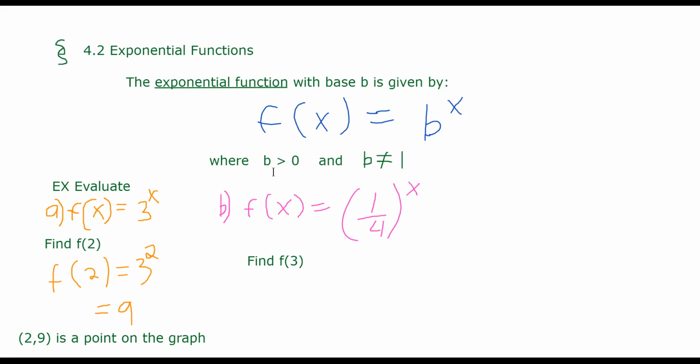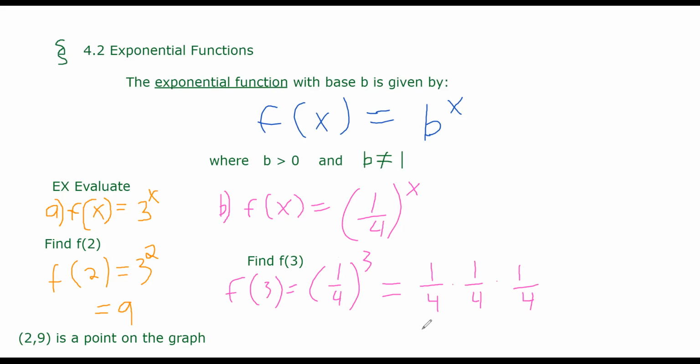Again, it's really not any harder than you imagine. f of 3 means plug a 3 in for x. So you'll get 1/4 cubed. There's a couple ways you can do that. If you know certain exponent laws for fractions like this, you could just say it's 1 cubed over 4 cubed. Another way is 1/4 times 1/4 times 1/4, which is true.